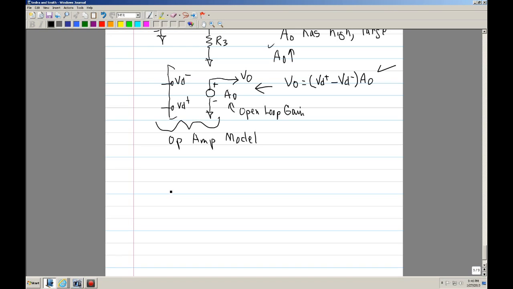Now what we're going to do is write the KCL at the VD minus node, and then solve for VD minus. So we'll go ahead and do that.